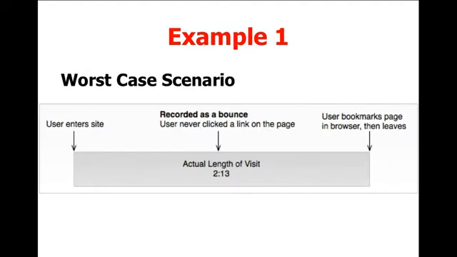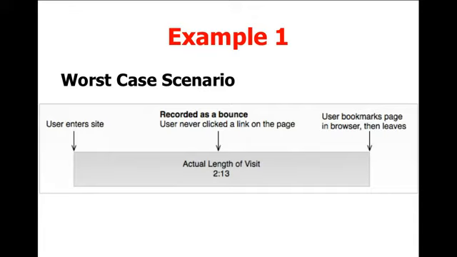If we look at this first example, which I like to call the worst case scenario, what happens here is that a user enters your site and actually spends over 2 minutes reading something on your site and then leaves the page without visiting any further pages. So they come to your site, they only visit one page and read that for 2 minutes.